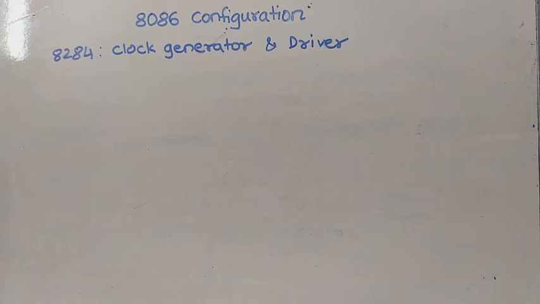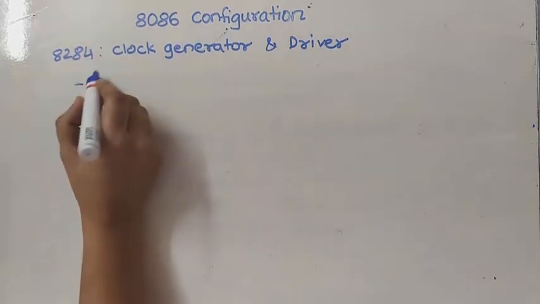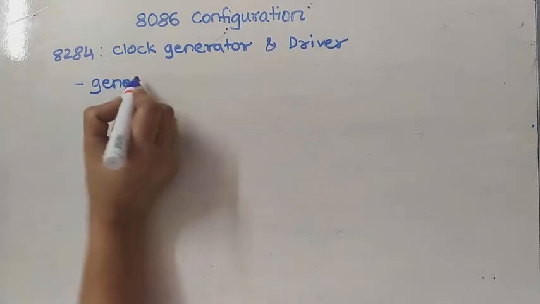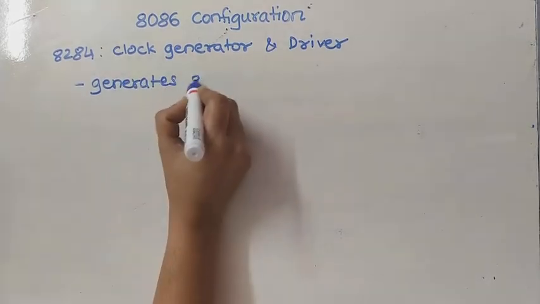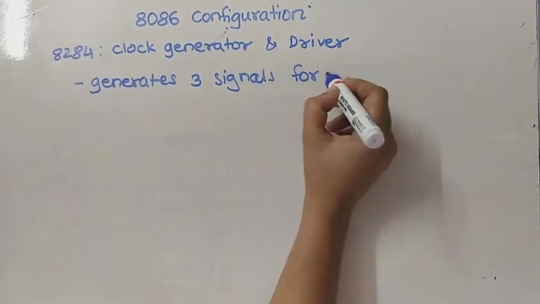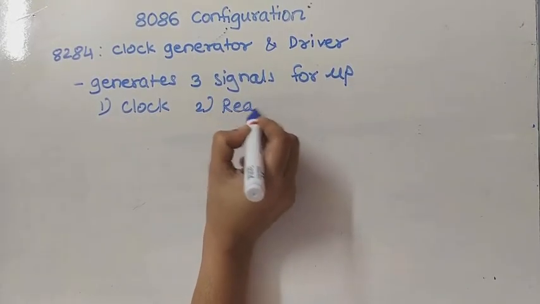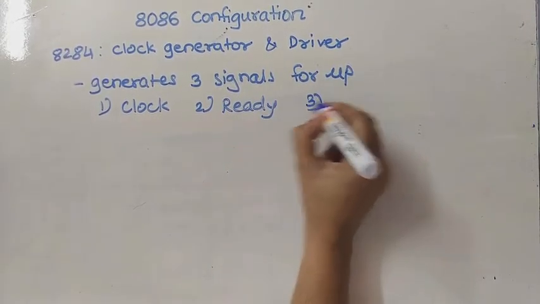First component we will discuss is the 8284 clock generator and driver. First of all we will see the features of this 8284. This 8284 generates 3 signals for our microprocessor. Those signals are clock, ready and reset.